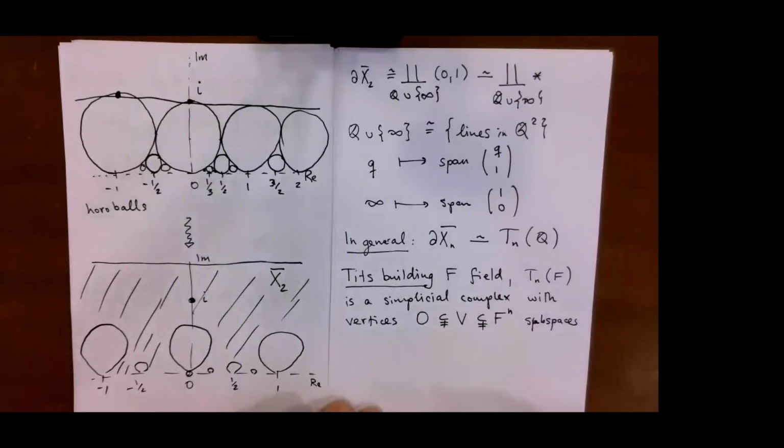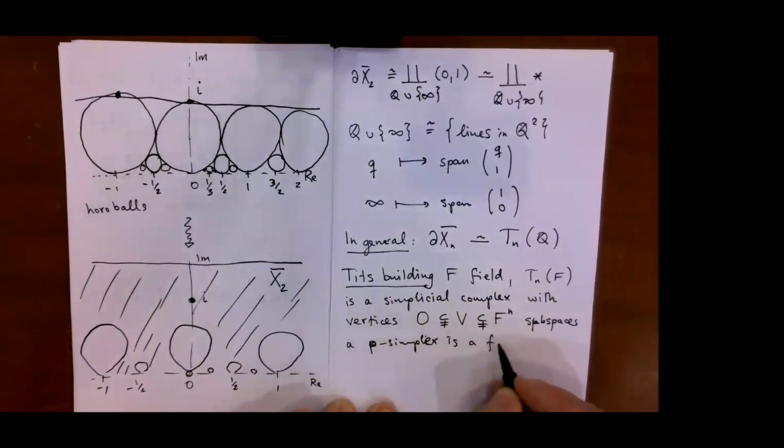So what exactly are the p-simplices? Which subsets of subspaces do I take? A p-simplex is exactly a flag. So what's a flag? A flag is just a chain of subspaces.